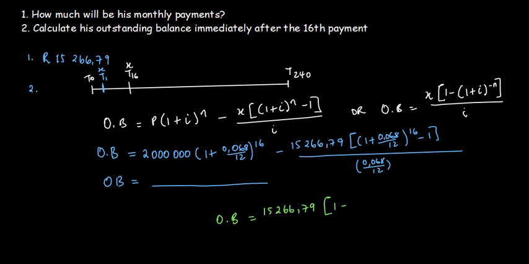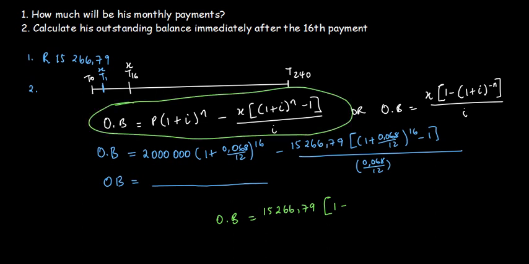I see a hand. Do we ignore the "immediately"? That's a good question. If I say I want to know the outstanding balance immediately after the 16th payment, we don't really ignore it, because if you're using this formula here, the first one, you are going to count from T1 to T16.